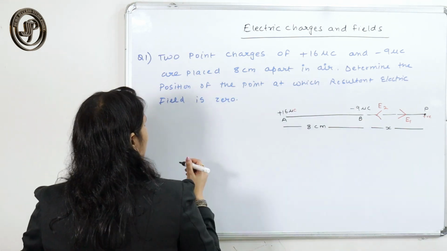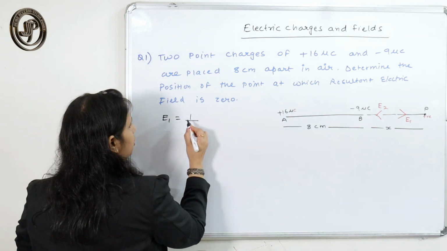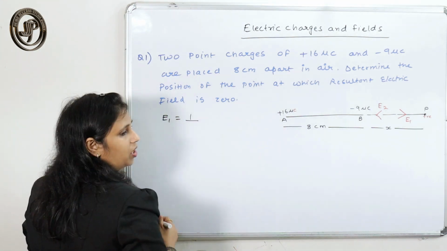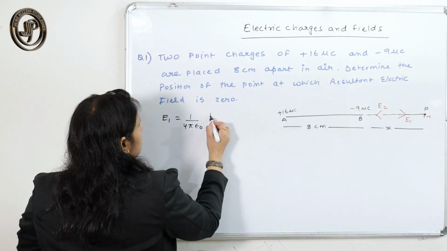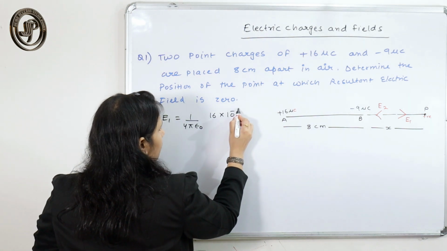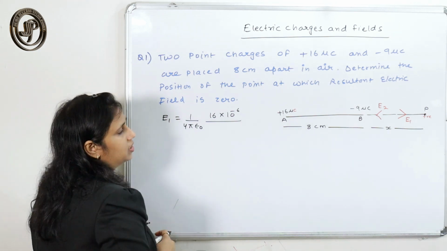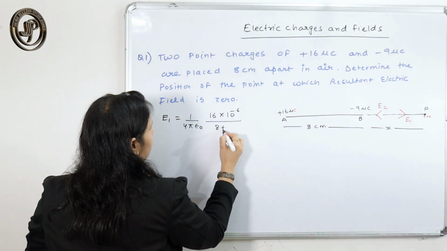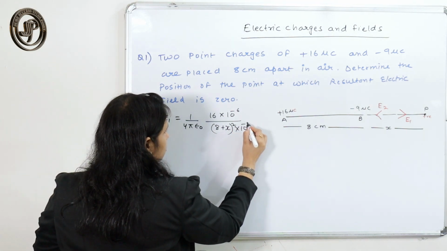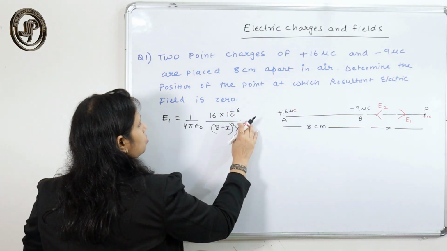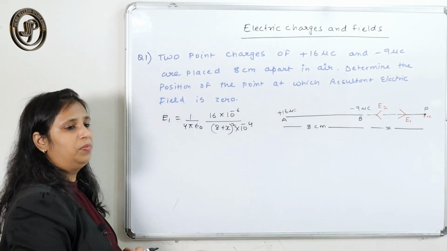Now how can I calculate their magnitude? How can I calculate the magnitude of E1? E1 is due to the charge plus 16 microcoulomb. So that is 1 by 4 pi epsilon naught times 16 into 10 raised to power minus 6 coulomb upon the distance between A and P, which is (8 plus x) square into 10 raised to power minus 4, if I convert this into meter.